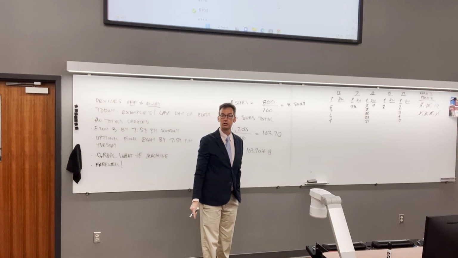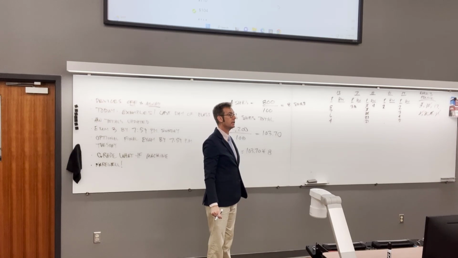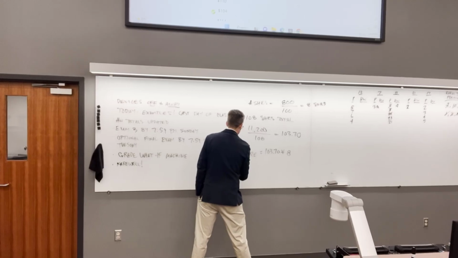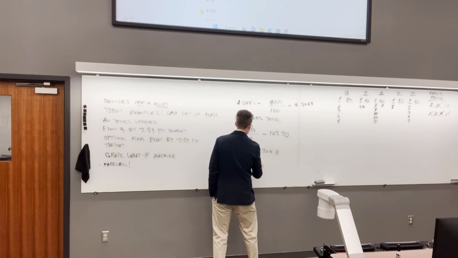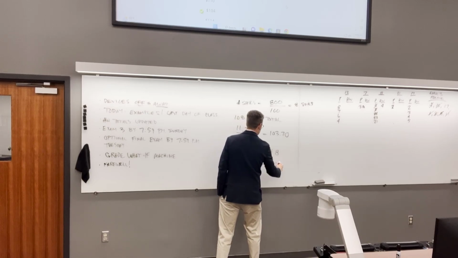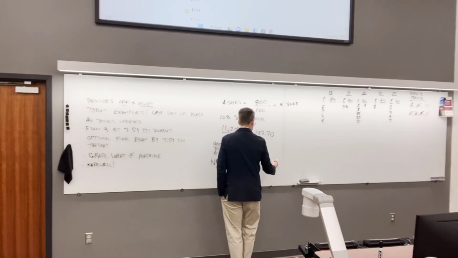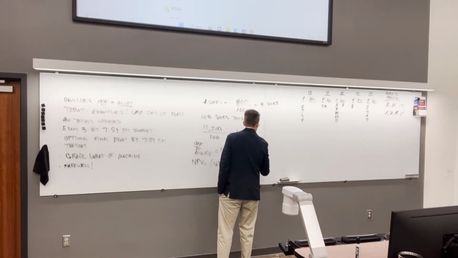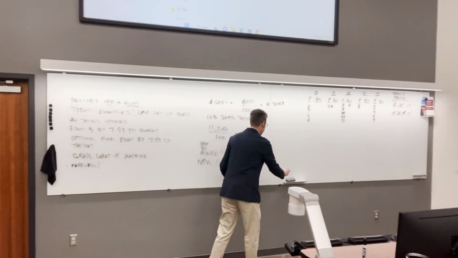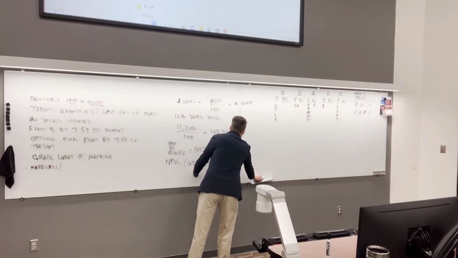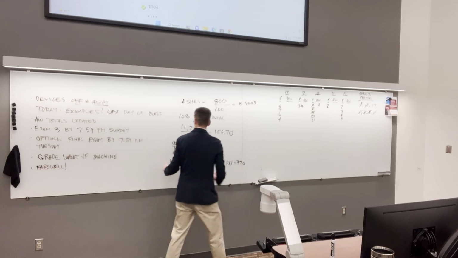That's an increase of $3.70 per share. How many shares were outstanding to begin with? Yeah, so we've got 100. Actually, I'll go ahead and write it out for you. 103.70 minus 100, times 100. I think we're looking at $3,700. Is that right? No, $370. Sorry about that. $370. That's the NPV of the project.